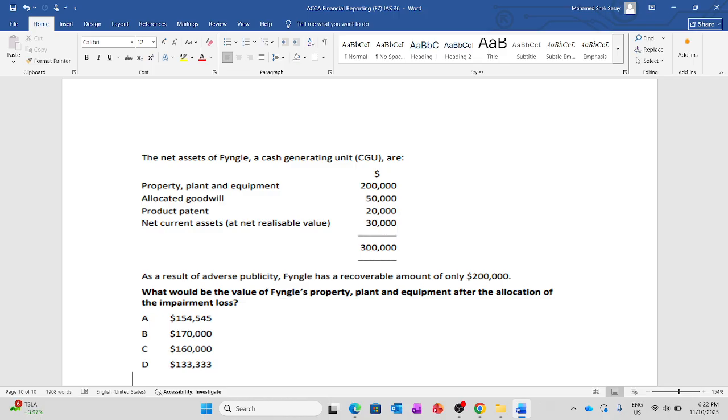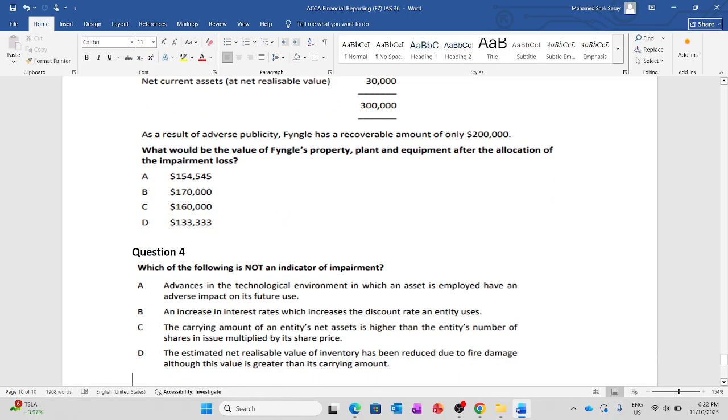Property, plant and equipment plus the product patent give us 220. So we take 200 divided by 220 times the remaining impairment, which is 50. Then we allocate that amount to the property, then we do the same for the product patent. Therefore, we calculate the carrying value of the assets after the impairment. We add all of these assets, then it gives us the answer among the options given in the question.